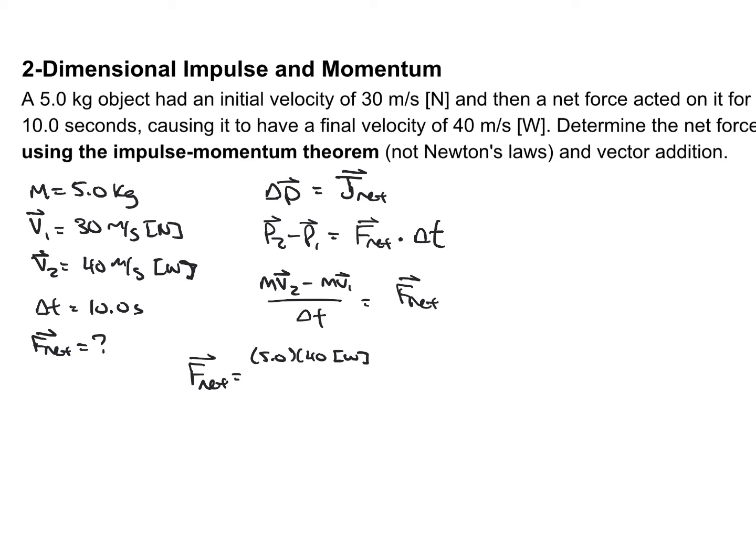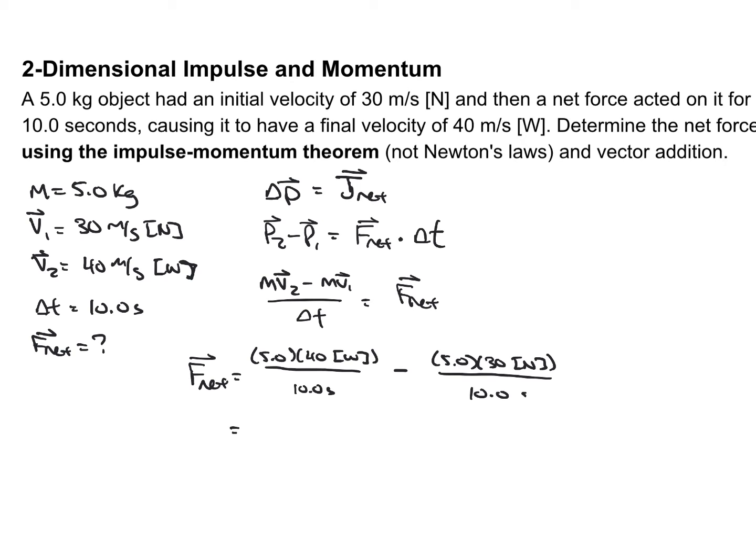Okay, I'm going to throw in the west there just to be clear. That's in the west direction. Divided by 10 seconds. Minus the second term, 5 kilograms times 30 meters per second north. I'll make sure I add the north in there to be clear on the direction. Divided by 10 seconds.